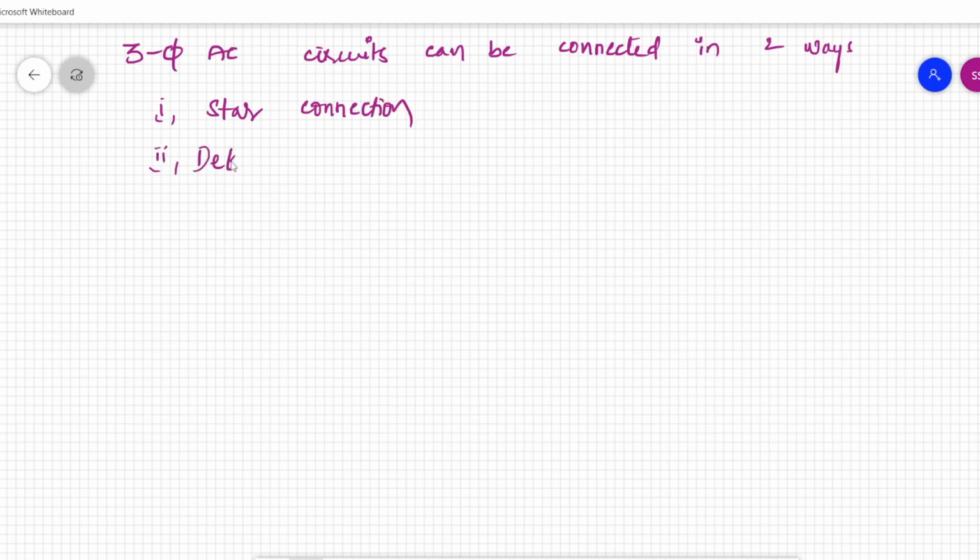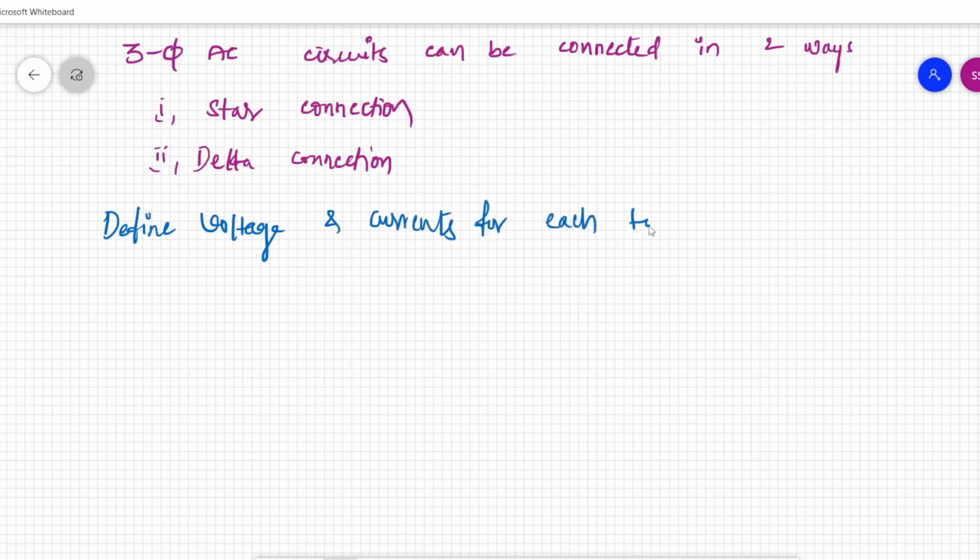We have already seen these things, but here we are going to define the voltage and currents for each type of connection. That means here we need to know about phase voltage and line voltage. So what is a phase voltage and what is a line voltage, then we can proceed further.